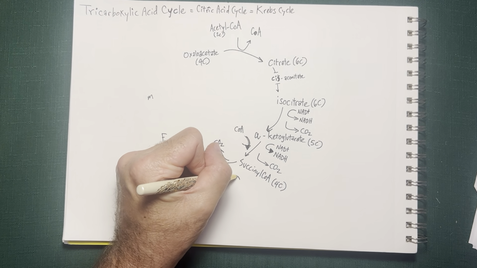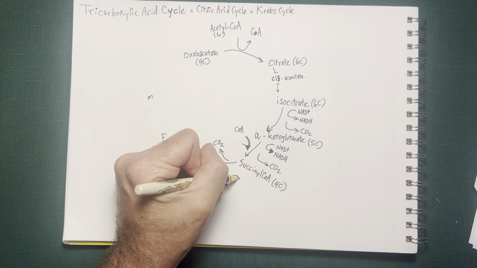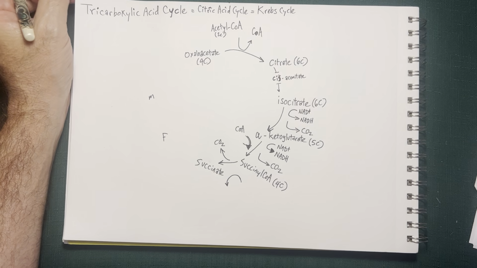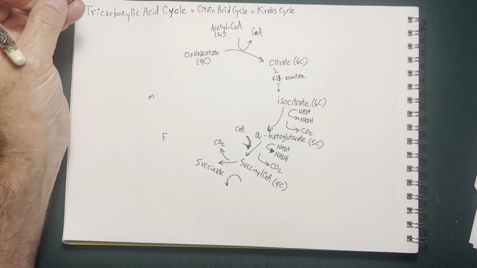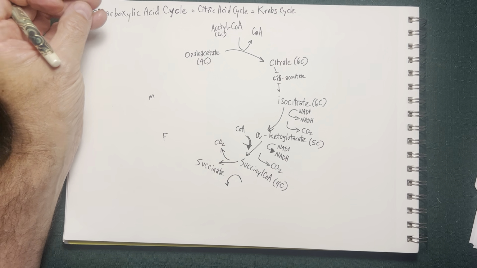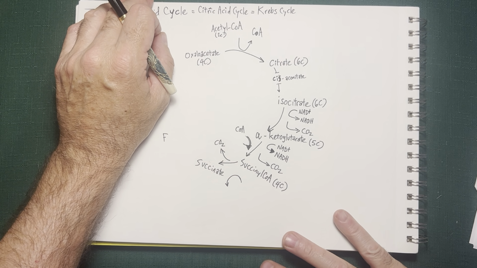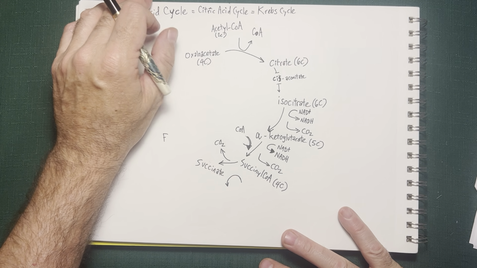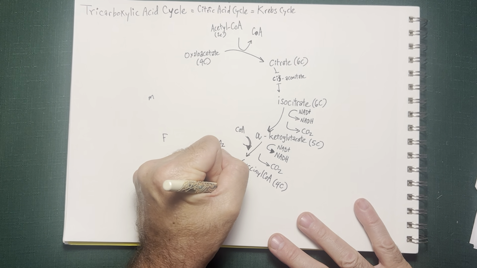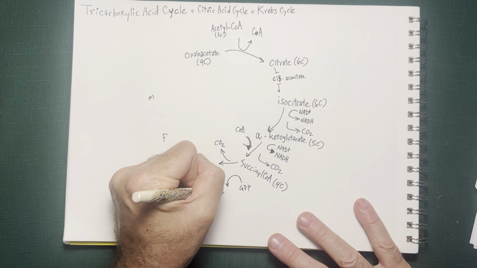And this step typically produces a molecule of a high energy nucleotide, like ATP. It can be ATP, but often it might be something else. It might be GTP.